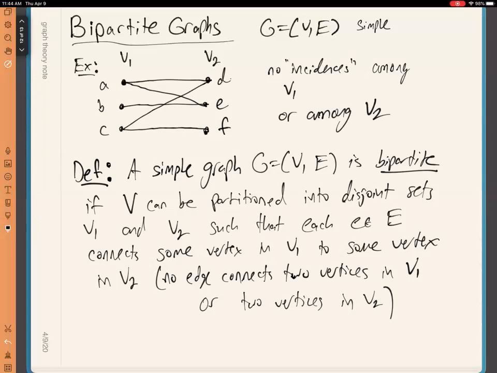And so these types of graphs typically show up in models when you're looking at, for example, maybe V1 is a collection of people who are applying for multiple jobs, and V2 is a collection of possible jobs for which these people can be hired. And these graphs represent maybe each edge is like a preference from the person in V1 to the job in V2, and the graph models what people prefer and gives a good representation of the different jobs that different people prefer.